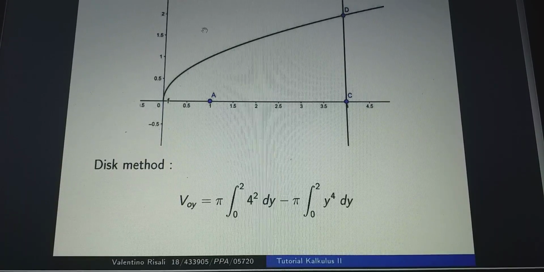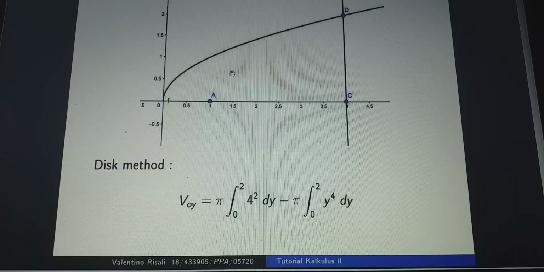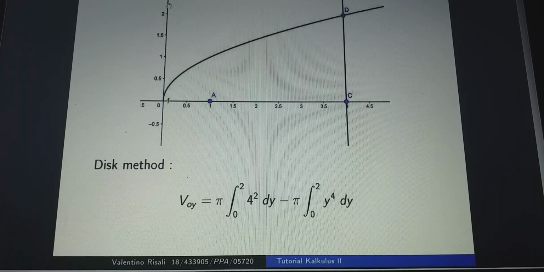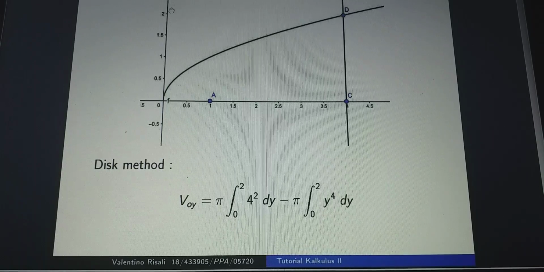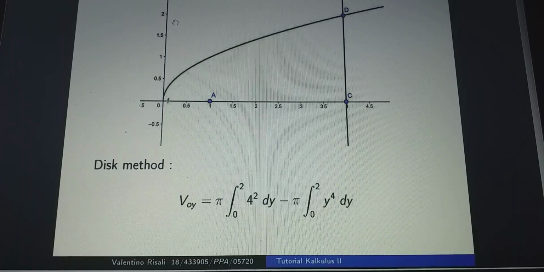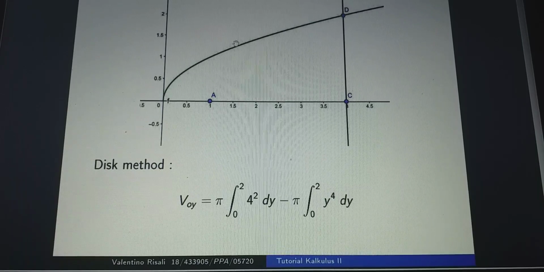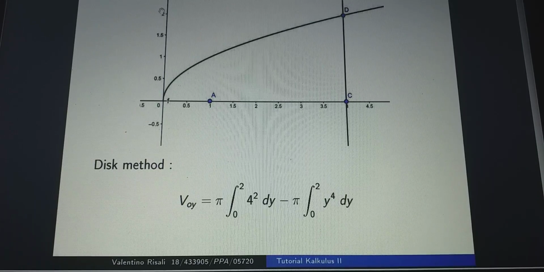In this case we revolve about the y-axis, and this method finds the volume between the curve and the y-axis.